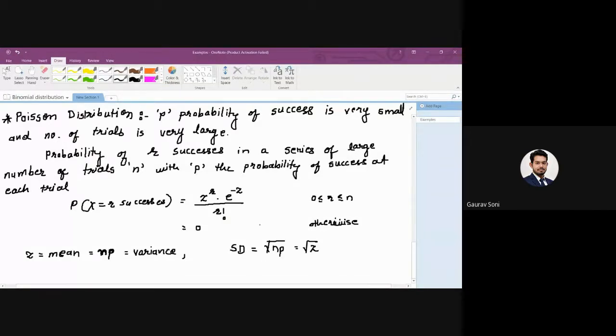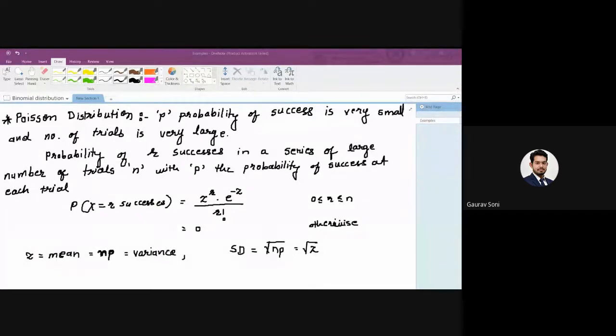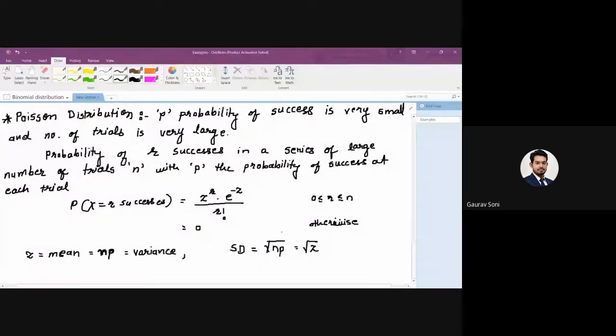That is the thing I wrote earlier. For binomial, the number of trials is small and there are only two choices, success or failure. If the probability of success is very small and the number of trials is very large, in that case I will go for the Poisson distribution.